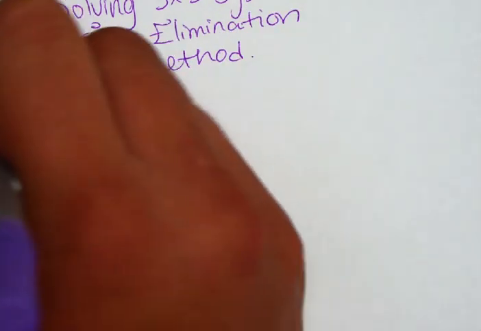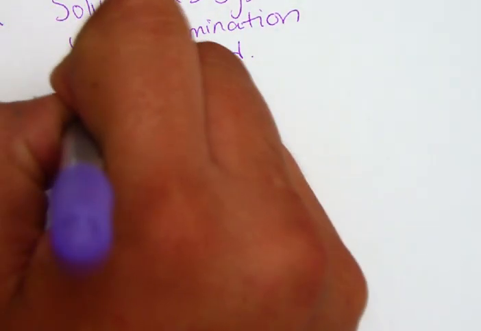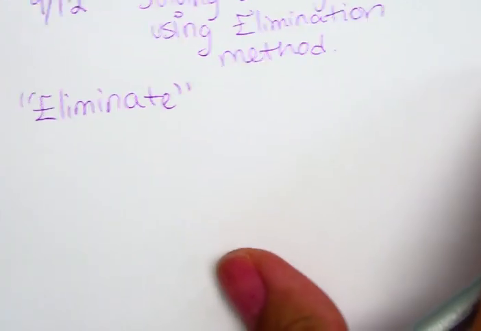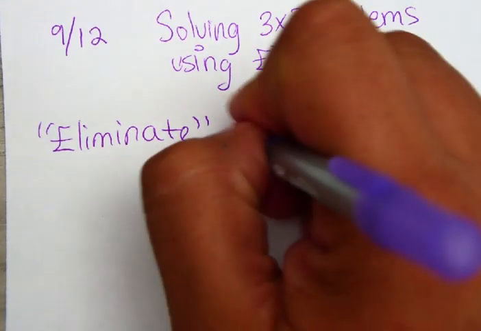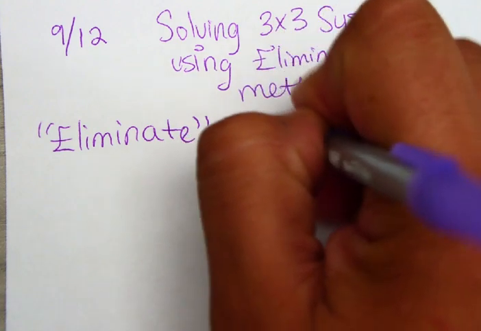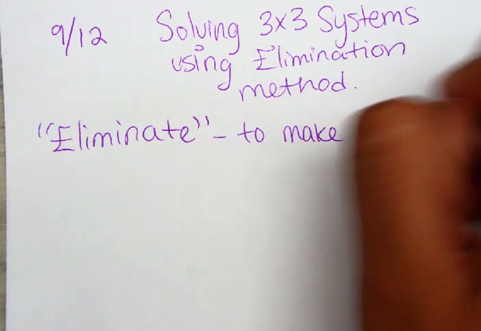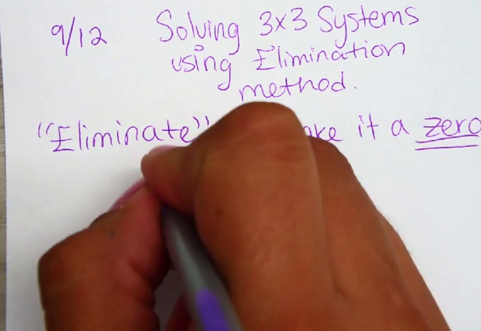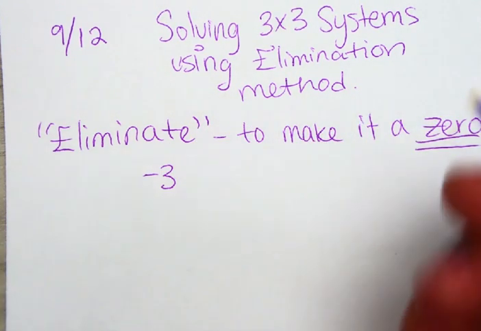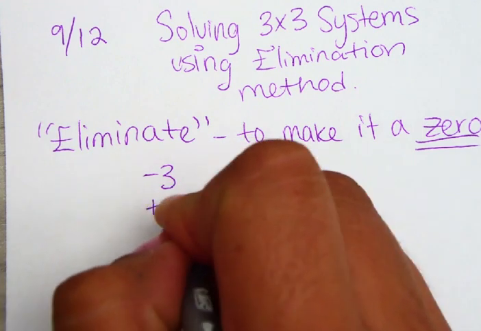Okay, so what I explained in class is that we need to understand what the word eliminate means. And we clarified that eliminate just means to cancel out, to make things zero. So I just want you to remember that. And what this means visually is that if we have an integer like -3, in order to eliminate -3, we will have to add 3.